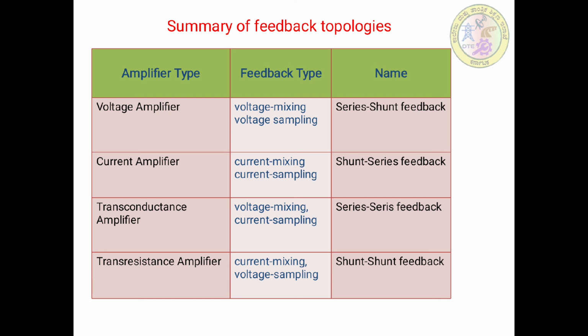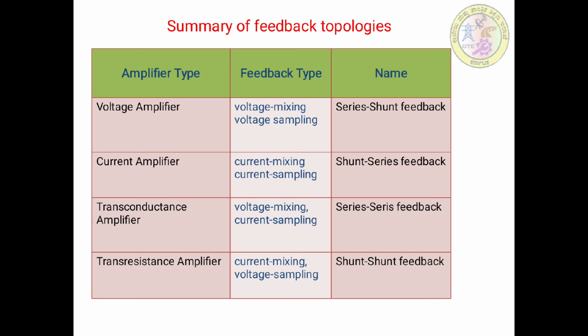The feedback name indicates whether the sampling and mixing is done in a series pattern or in a shunt or parallel pattern. So with respect to voltage amplifiers, we have voltage mixing, voltage sampling, and therefore this topology is also known as series shunt feedback.